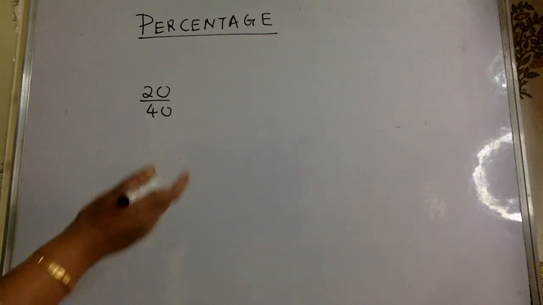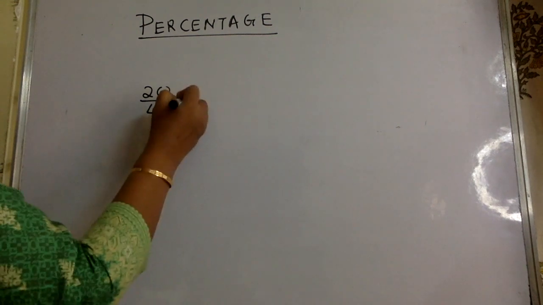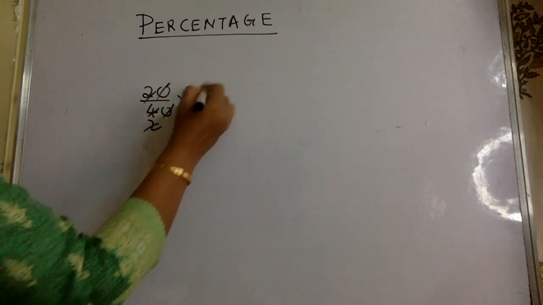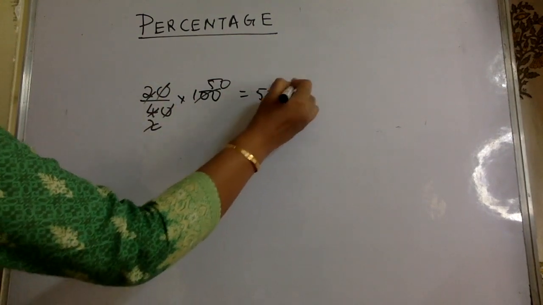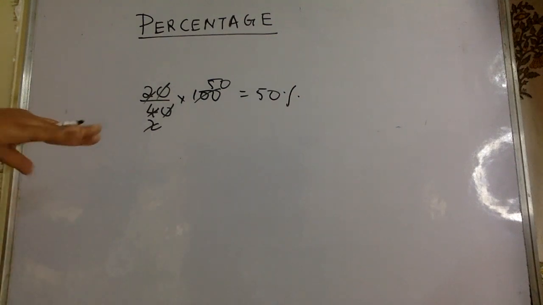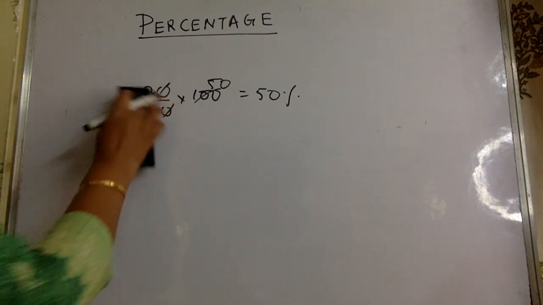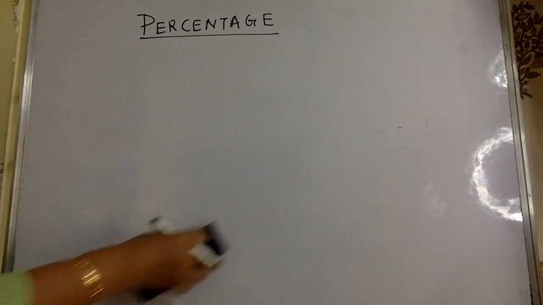So if I do 100 here, then this is 50%. If I cut this 40 into 100 parts, you are going to get 50 parts out of that if you are getting 20 on 40. So this was one quick question on percentage where you converted a fraction to a percentage.